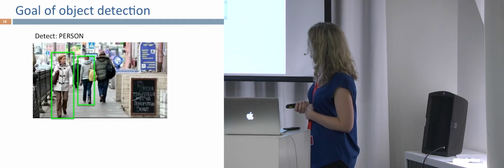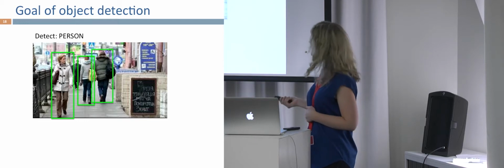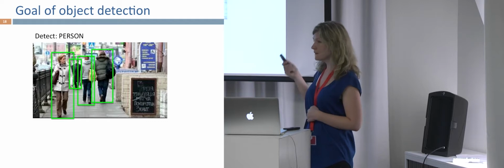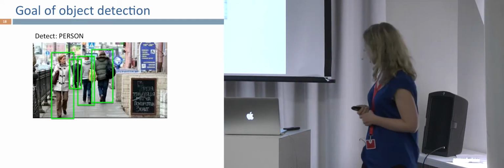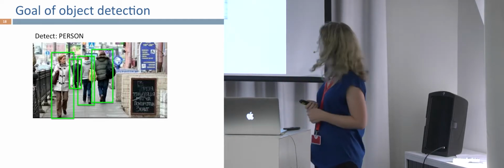So we also want to detect pedestrians that are facing away because they're also pedestrians. And in fact, there is a small pedestrian that's occluded in the background, so we'd also want to detect that person as well. So that's the basic task.